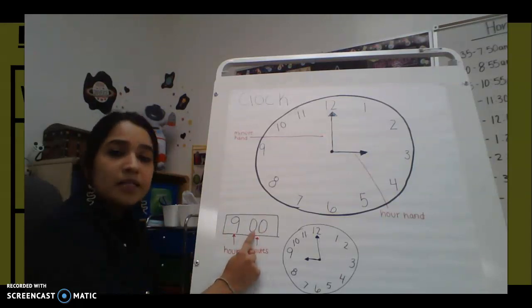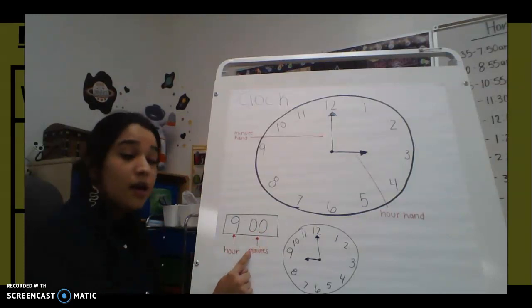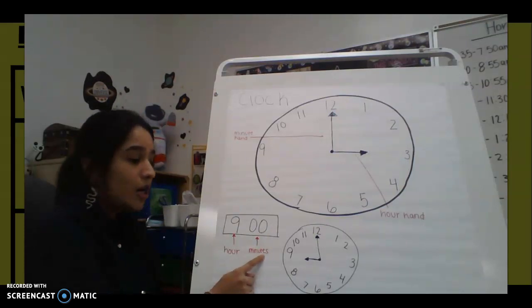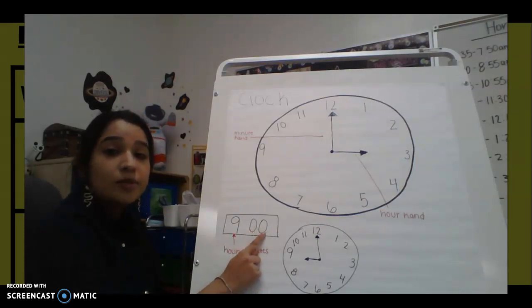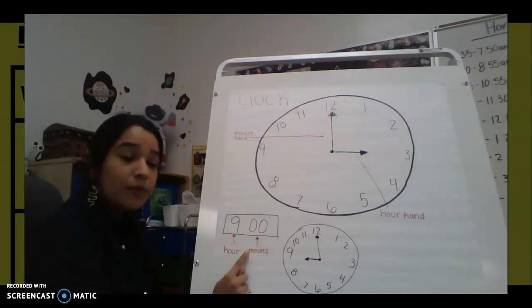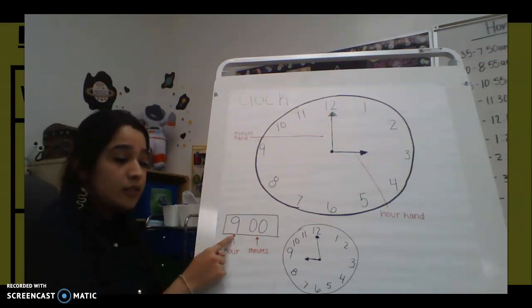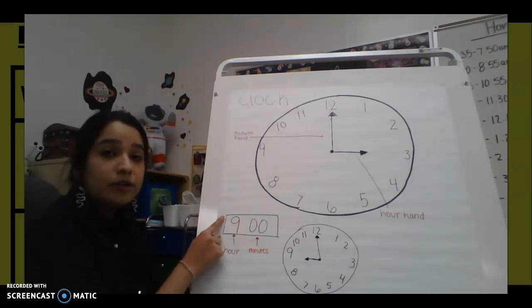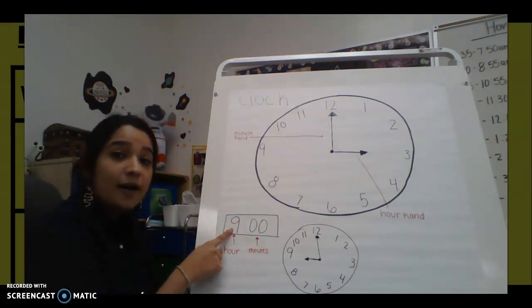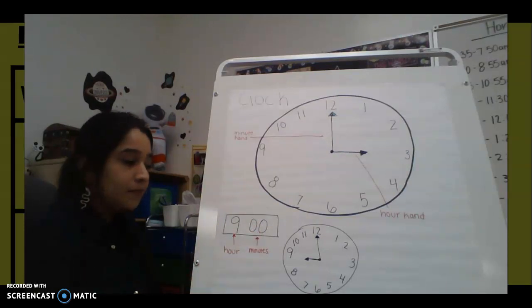And what about these two numbers, the second numbers that come after it? Oh, they represent the minutes. Good job. So the two numbers that come after the hour represent minutes. So always the hour comes first, and then the minutes.